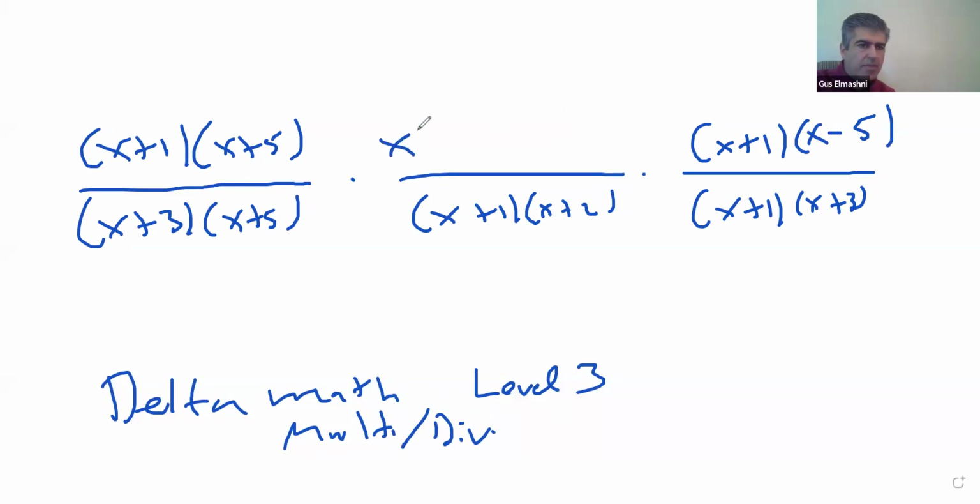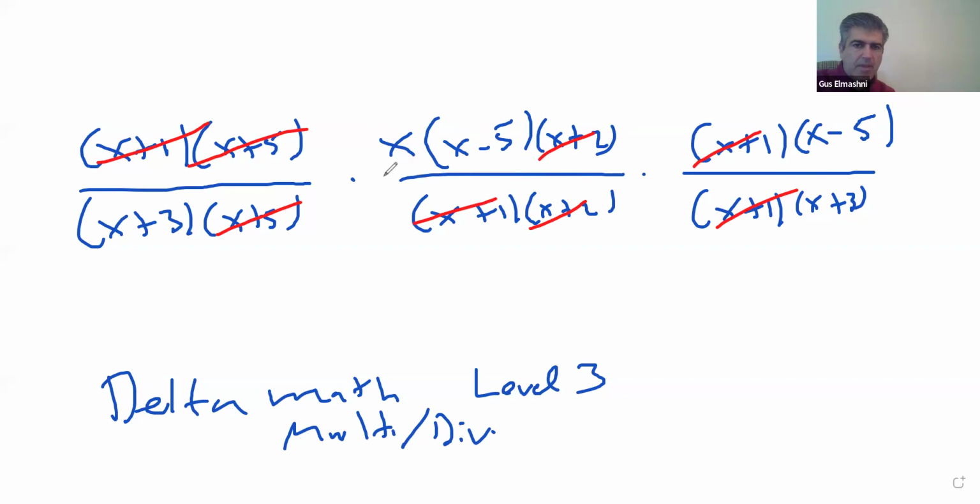Factor on x, maybe x minus 5, x plus 2. Boom, boom, boom. It's lovely that happens. So you have x times x minus 5 squared over x plus 3 squared. Bingo, we got it.